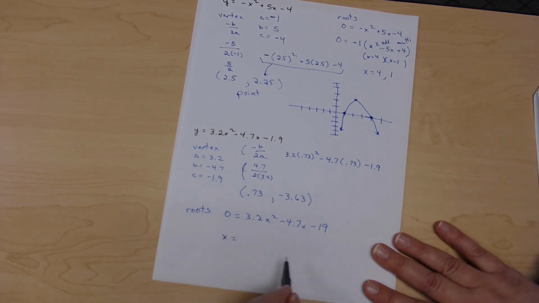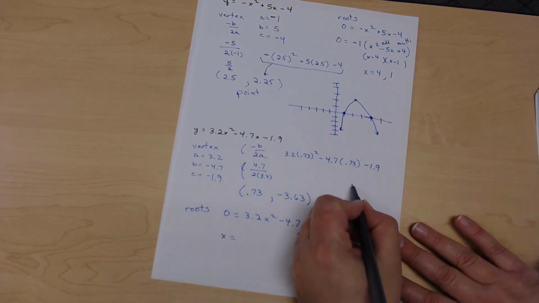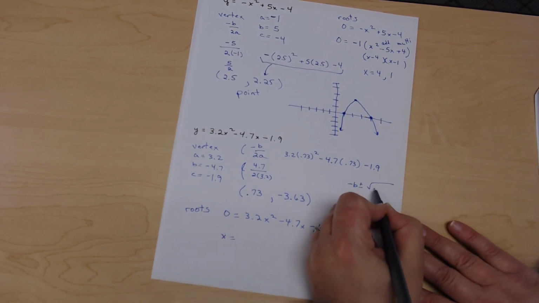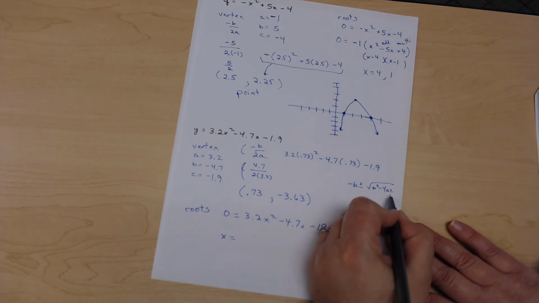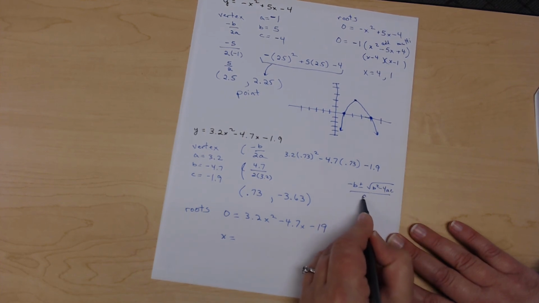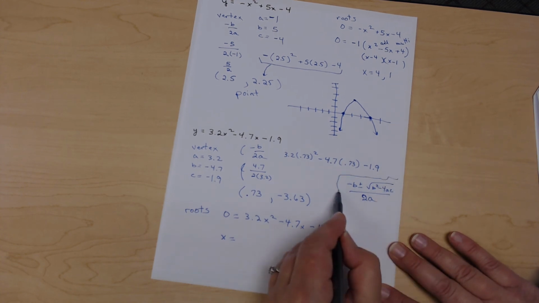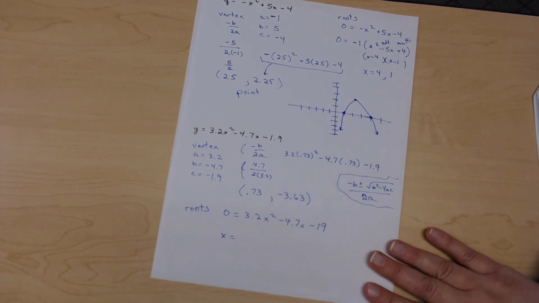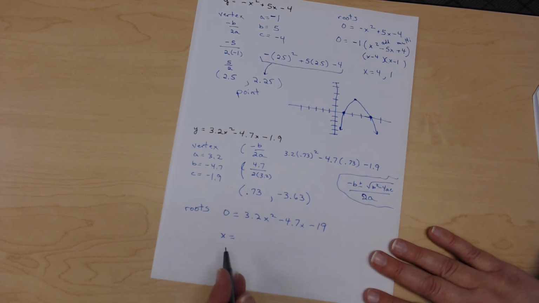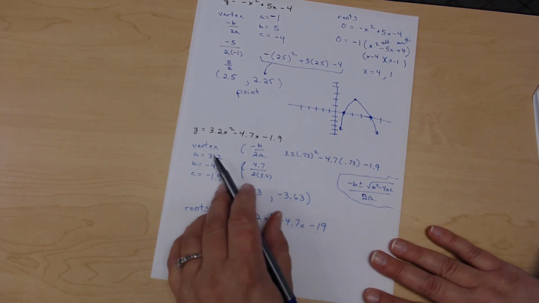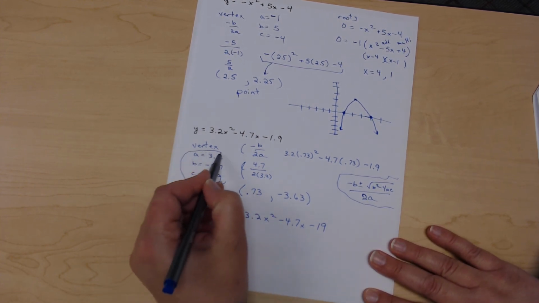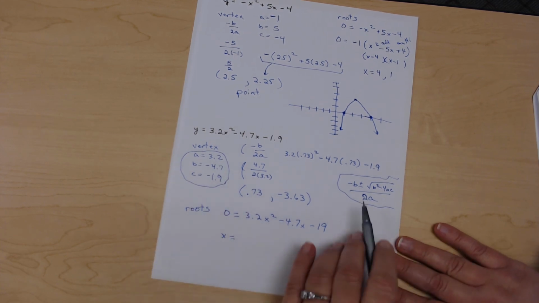x equals, I could write it up here, the opposite of b plus or minus the square root of b squared minus 4ac, all over 2a. Okay, so just kind of put that off to the side there. We're almost done though. We're doing good. This a, b, c, I can use again. Same a, b, c, so I don't have to rewrite that.